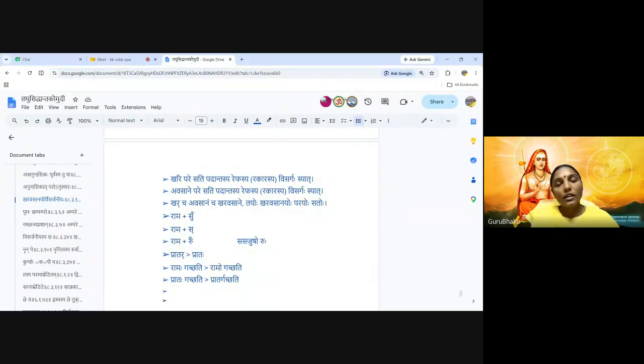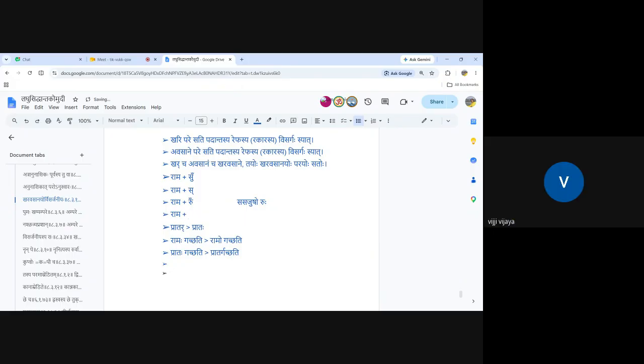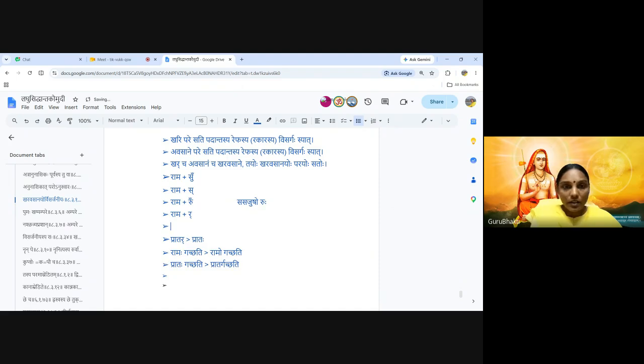We'll see this in Visarga Sandhi. Then in this rukara, what will remain? Rakara. Now, if we put it together, this is Ramar. Is Ramar padanta or not? It is padanta, yes, because of Su. Padanta refa.